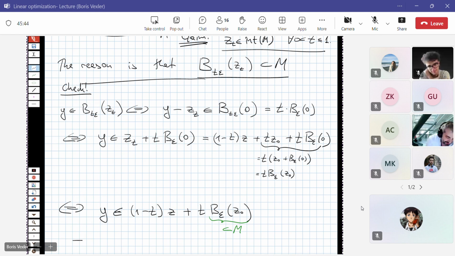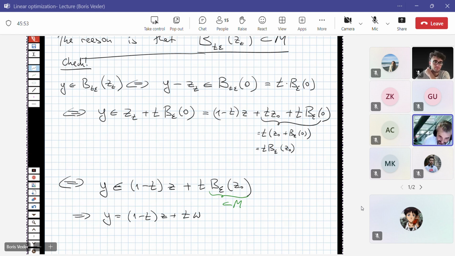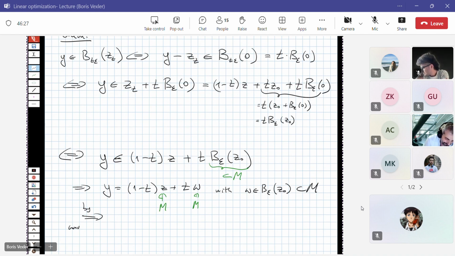It means that y is 1 minus T times Z plus T times some, let's say, W, with W in this B epsilon of Z0, which is a subset of M. Okay, and therefore what we see is that Z was, of course, an element in M, and this W is also an element in M, since this neighborhood is a subset of M. And therefore, by convexity of M, we have that y is an element of M.